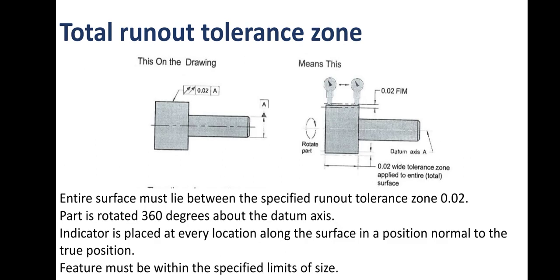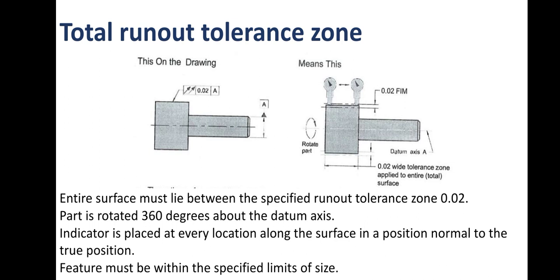Total runout tolerance zone. This is on the drawing. You see the total runout of 0.05 and 0.02 related to datum A. This means that there is a 0.02 mm tolerance zone along the circumference of the bigger diameter, and the datum axis A is established at the start part.